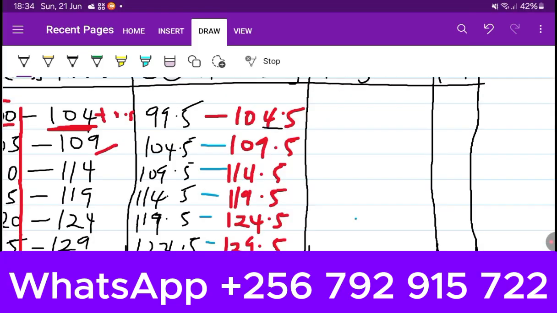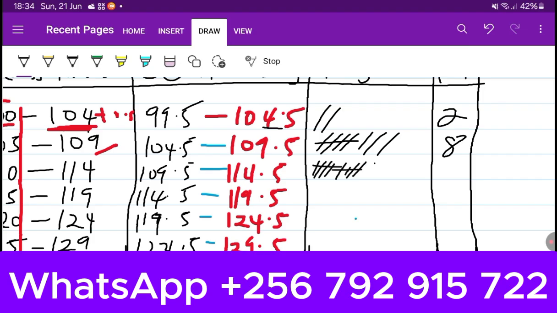So these tallies, the first one had only 2. We put also its frequency 2. The second one had 8. 1, 2, 3, 4, 5, 6, 7, 8. The third one had 18. 1, 2, 3, up to 18.